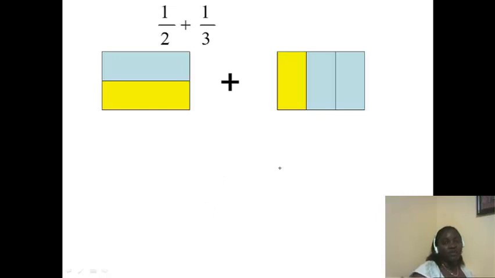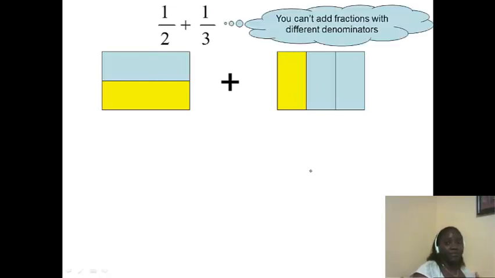This is why I love this PowerPoint, because it actually shows you the model. So here we have 1/2 plus 1/3. Here's 1/2, 1 out of 2. And here's 1 out of 3. Notice that these bars are not equal. So we need to cut this Hershey bar and this Hershey bar into equal sizes before we are able to add them together.